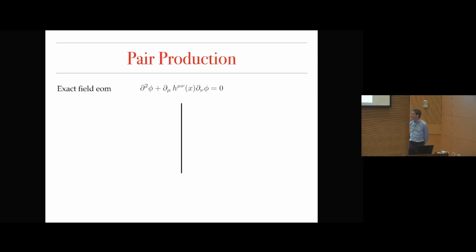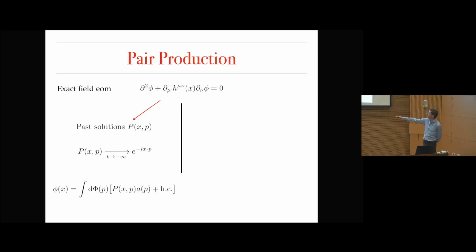There are two bases I want to build. One basis is in the far past, so I'll call them P. This basis is defined by having boundary conditions so that in the far past you get just plane wave states. So I can expand my quantum field in terms of this basis in this way.